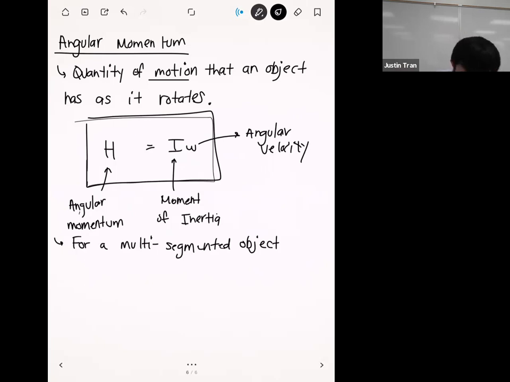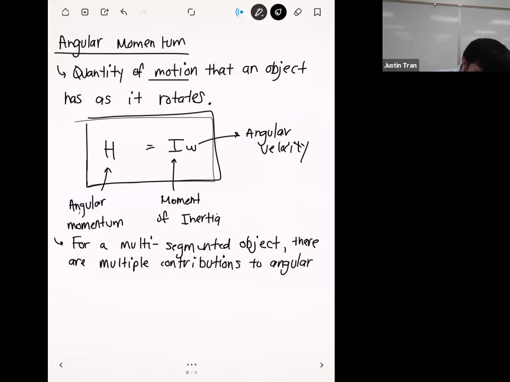Okay. And so in these situations, there can be multiple contributions to the angular momentum. Okay. Right. And so the first one is known as the local term.